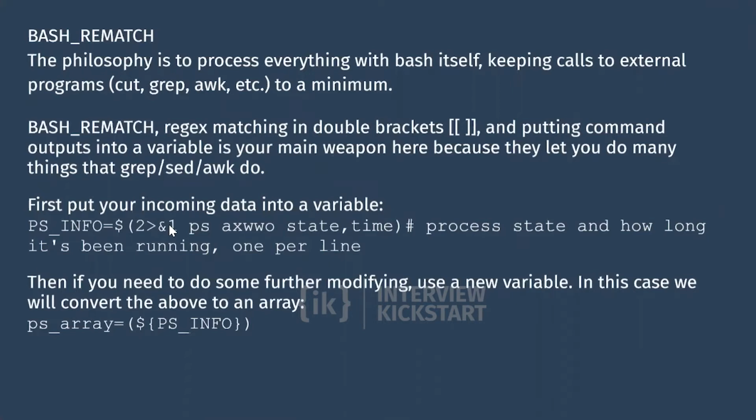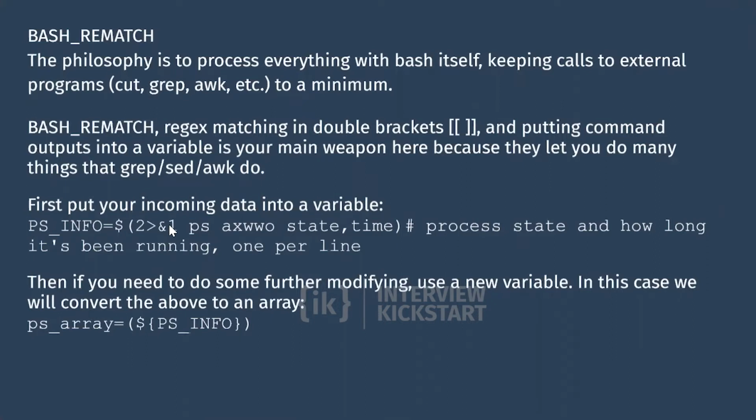Now that I have it in a bash variable, from this point forward I don't need to make any calls to grep or awk or anything. I can just use bash's built-in features to check the variable or extract fields from it, or whatever I need to do.